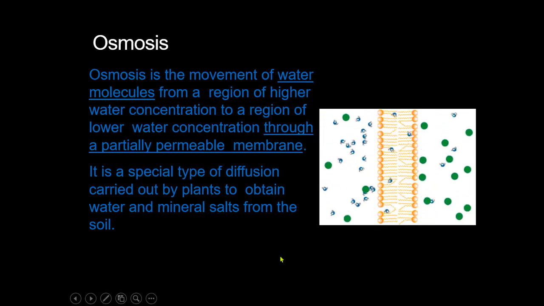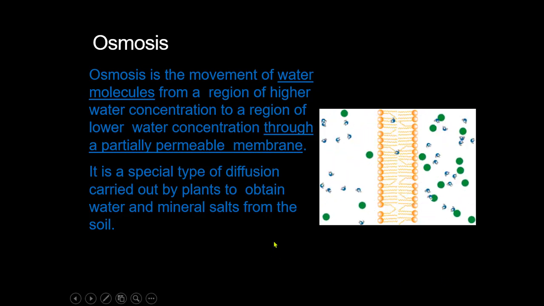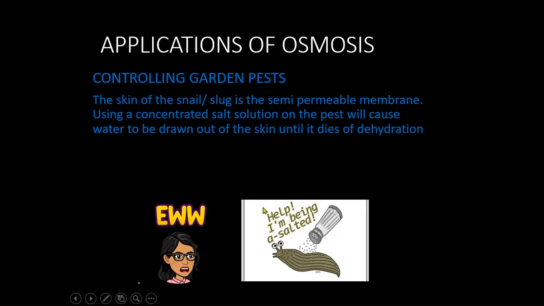Let's look at some other practical applications of osmosis. So one way would be controlling garden pests. The skin of a snail or slug is a semi-permeable membrane. So if you put concentrated salt solution or just throw salt on the pest, it will cause water from inside of the animal to be drawn out of the skin.